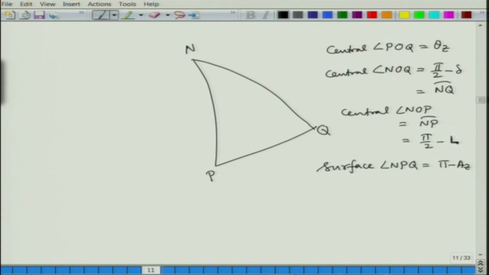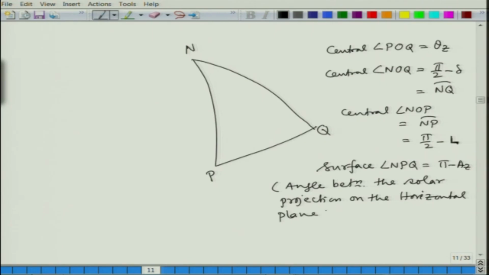Okay. And what is this angle? This is the angle between the solar projection on the horizontal plane and the global south direction.